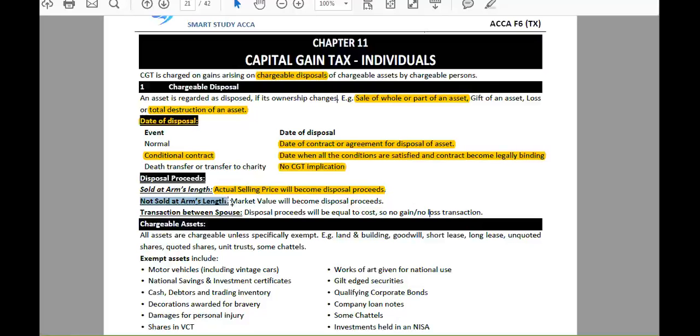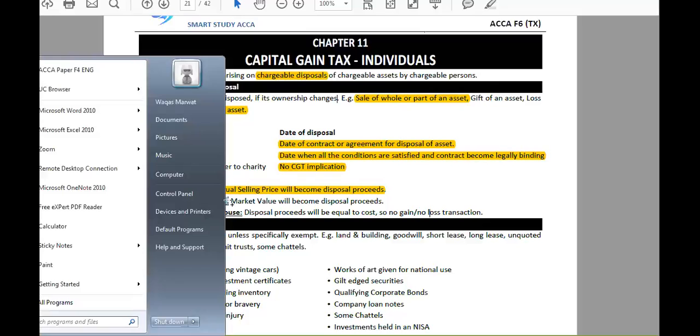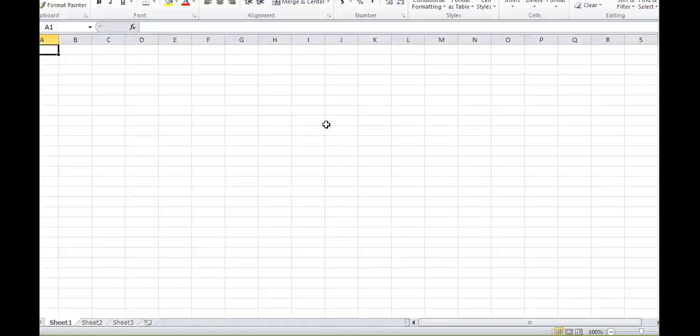For example, if an asset has a market value of £10,000 and we have sold it for £7,000, there is still a gift element.